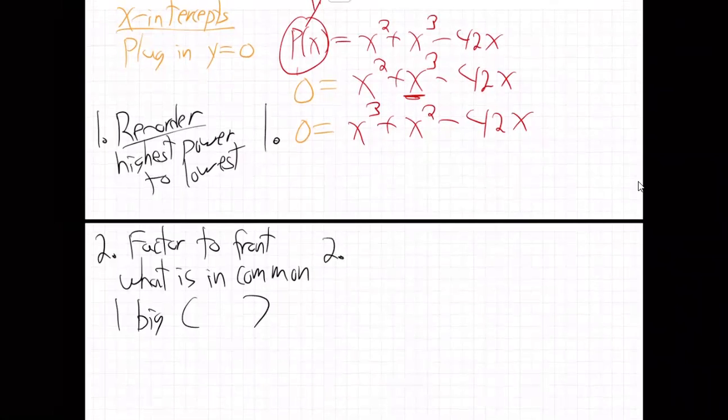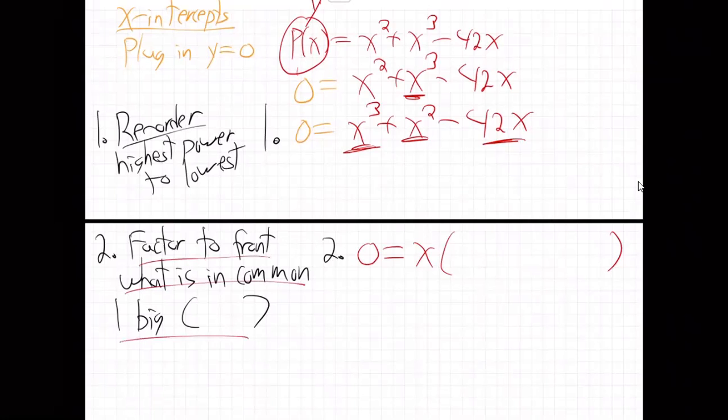Step number 2, factor to the front. As you look at x cubed, x squared, and 42x, what do they all have in common? What do they share? Well, an x, huh? They all have an x. That's called the greatest common factor. Put what's in common in the front, put one big parenthesis, and then put inside whatever you need.